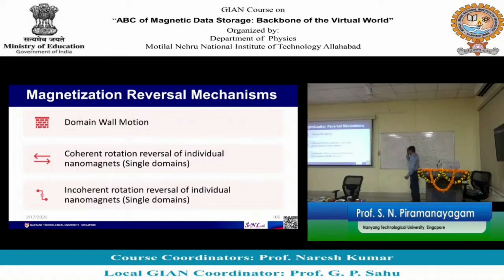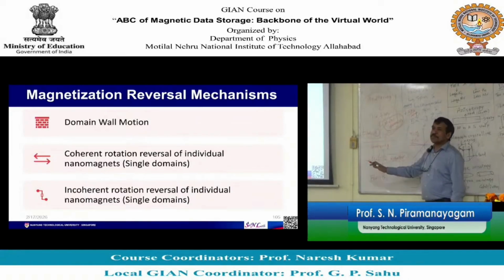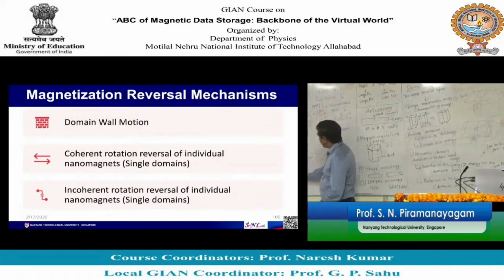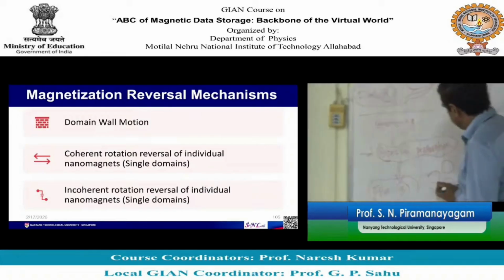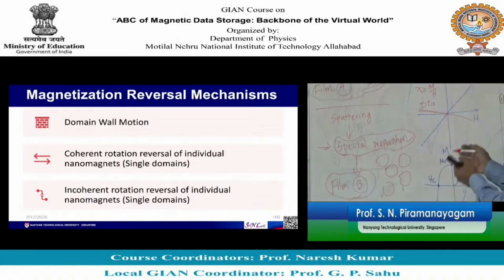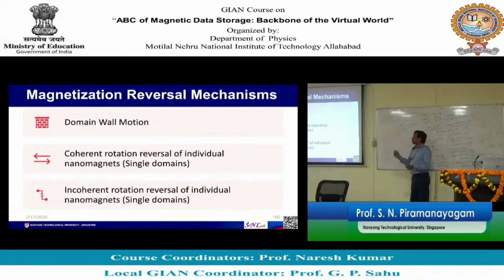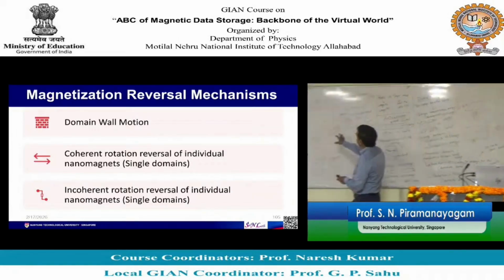But with this special preparation, there is a secret recipe I will tell you tomorrow, you will prepare a film B where you will have single domains inside the film. When you have single domains, there is no domain wall motion. Domain wall motion happens only when there are multi domains.